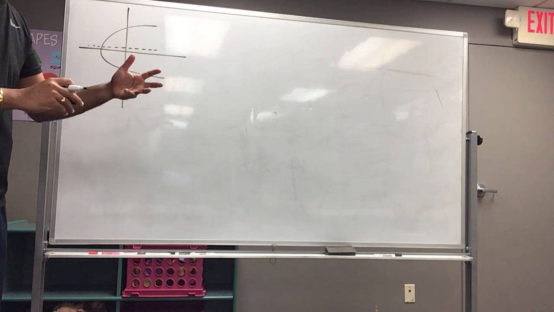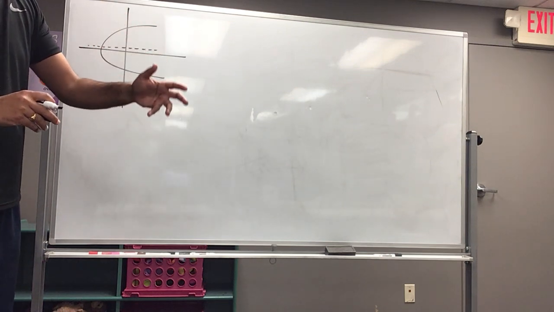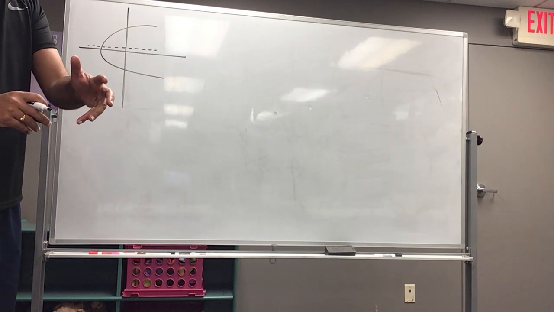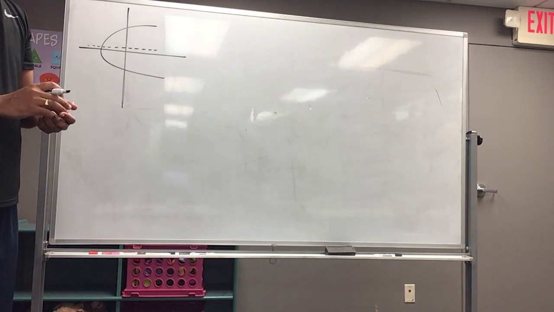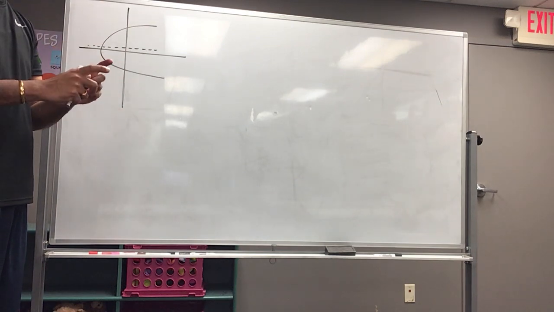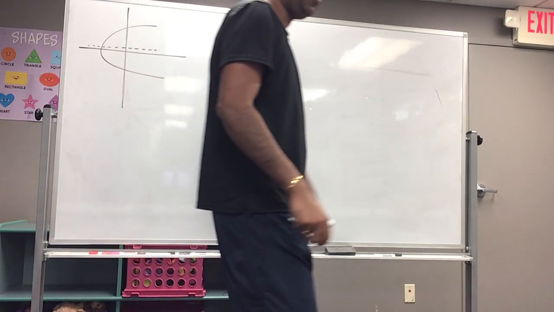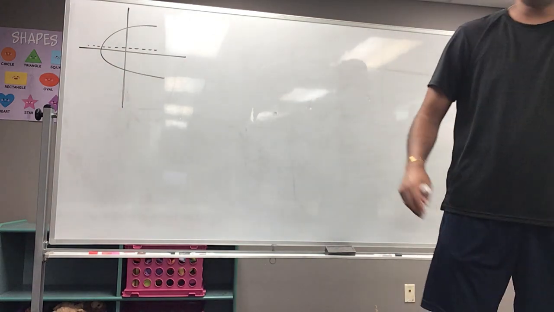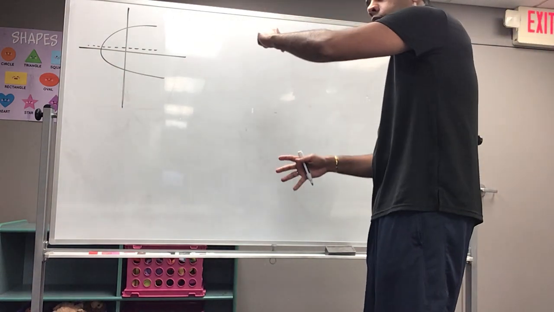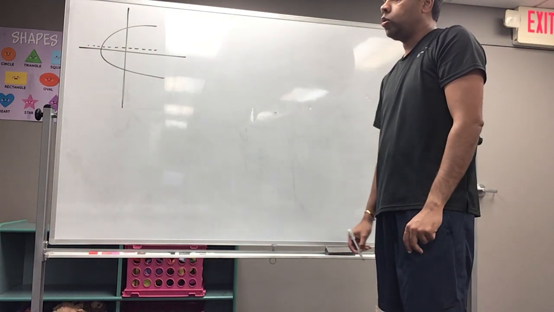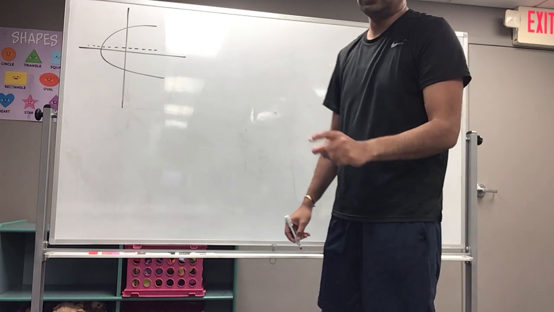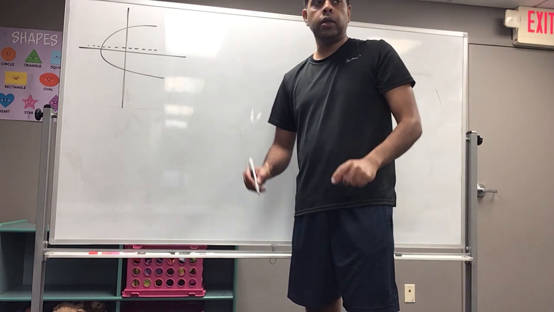We know that in the standard form, y is equal to ax squared plus bx plus c, right? How does it change when it's rotated by 90 degrees? Write the equation. Go. I'm taking the parabola and rotating by 90 degrees. What happens to the equation in the standard form?